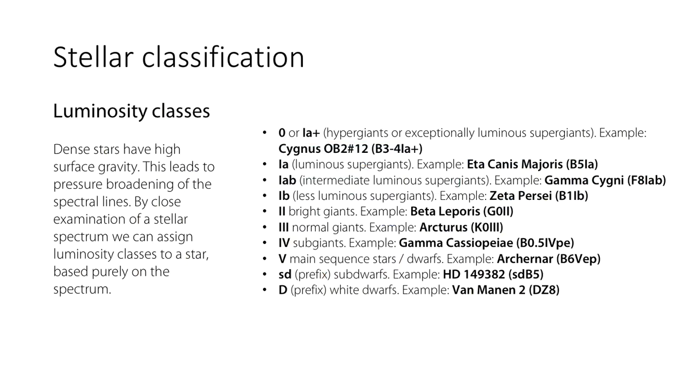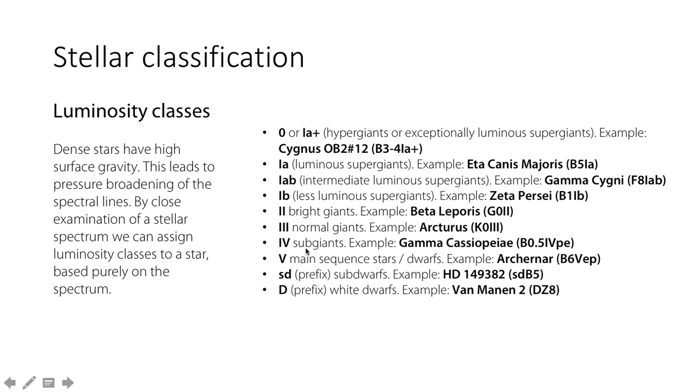And so we can determine the luminosity class, as we call it, of a star just by looking at the spectrum. These luminosity classes go from really, really big stars, type 0 or 1A plus, type 1A, 1AB, 1B. Type 2 and even type 3 are big, big stars.